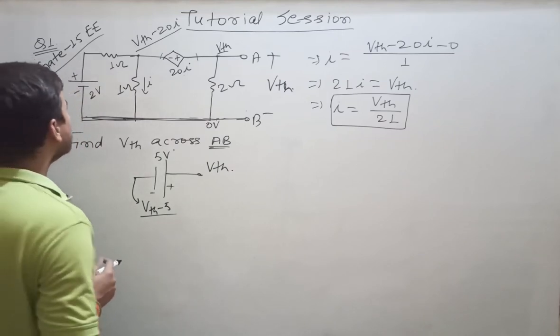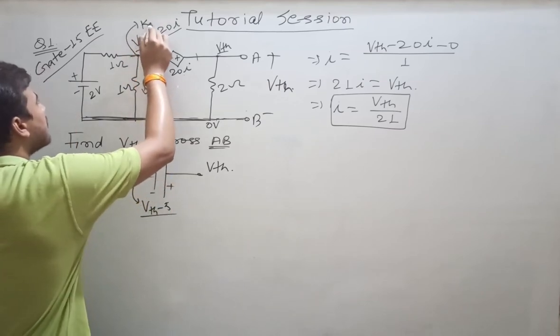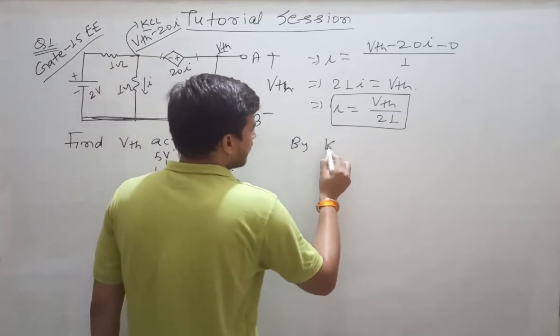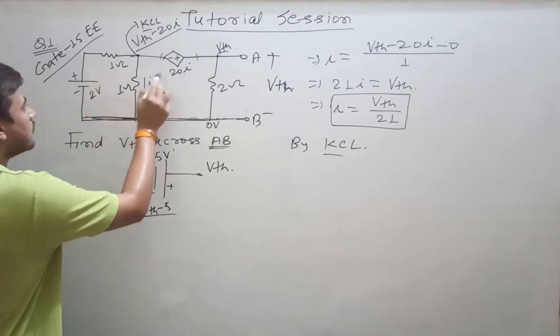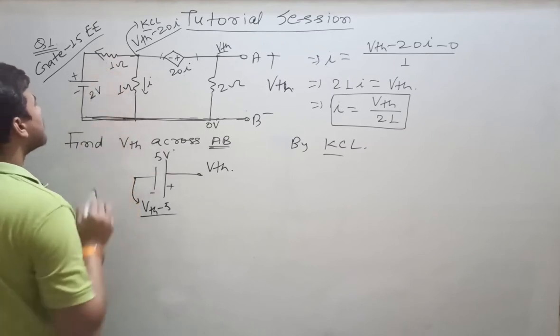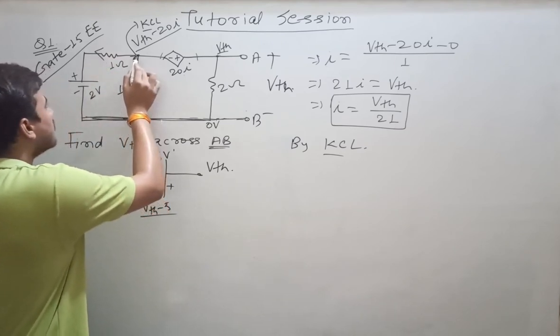Now what do we have to do? We have to apply Kirchhoff's current law at this node. So let us write by KCL. Here you see that there are 3 branches, 1, 2, 3. This is an outgoing branch. Let us assume the current is outgoing in this branch also. So here what will be the value?